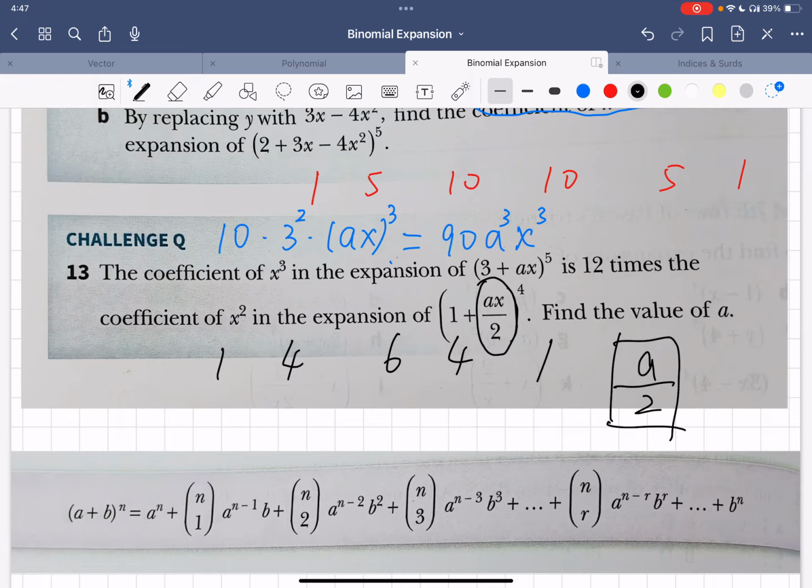So a over 2 is still a constant. It will not affect the power of x. But in other cases, if we got other variables of x, then we have to be careful and check first whether it will influence the overall power of x. If yes, then split that term into several pieces and calculate carefully one by one.